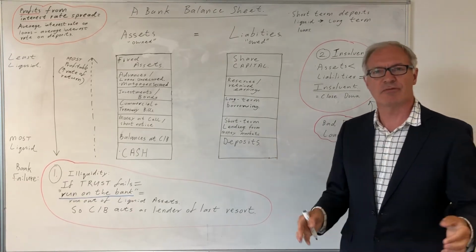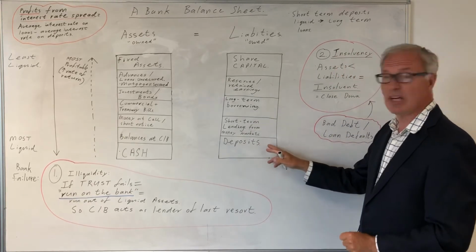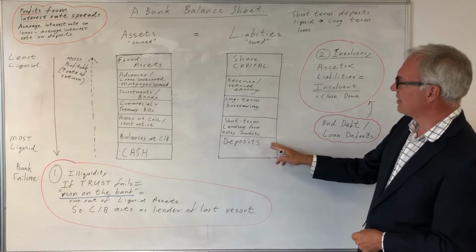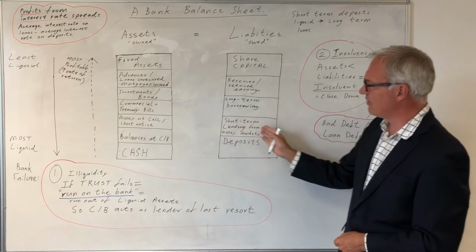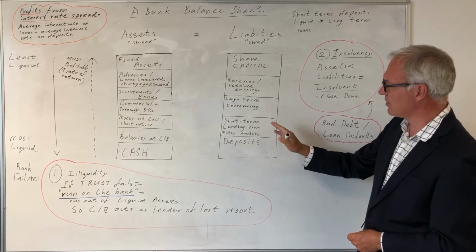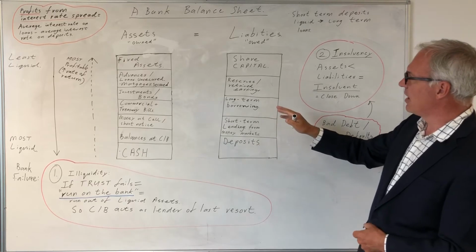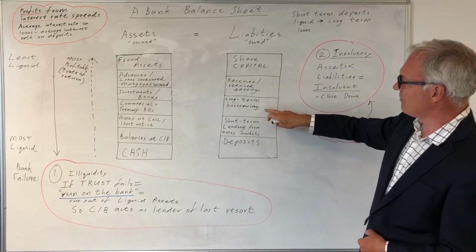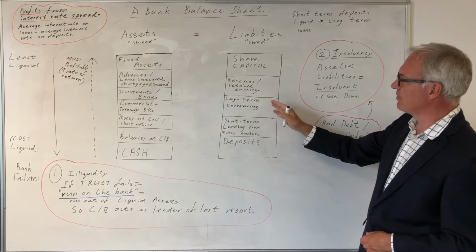So there's a mixture of what we might call current accounts and time deposits, such as savings accounts. Then short-term lending from the money markets, so that's money that comes in from other banks and the money markets. And you've got long-term borrowing, which is another liability, such as bonds that are held in the bank.